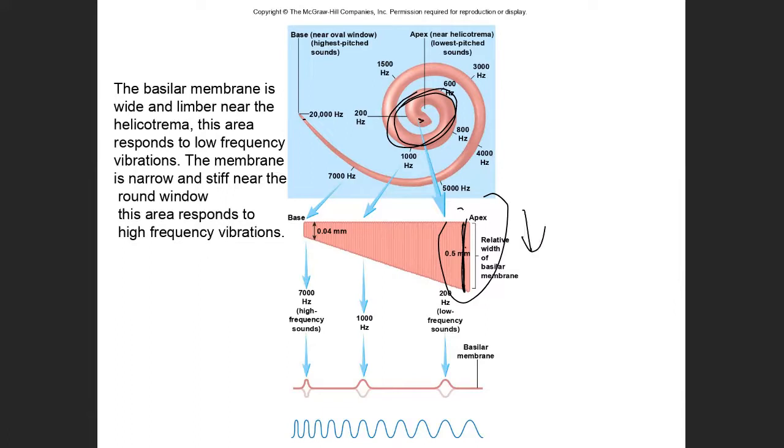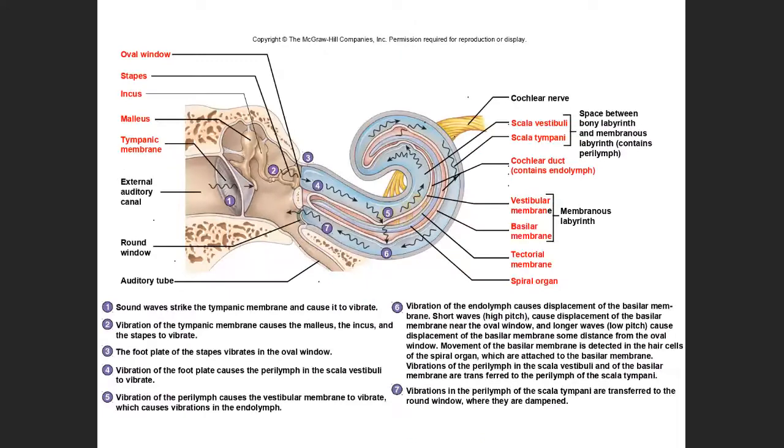Low frequency sounds make the last part of the membrane, which is limber, more flexible, easier to bend, vibrate. High frequency sounds, which have more energy, make the beginning of the membrane vibrate. So high frequency sounds at the beginning, low frequency sounds at the end, and in the middle are those between high and low frequency. So where the vibrations are capable of making the membrane vibrate is how we're going to detect the pitch of the sound.